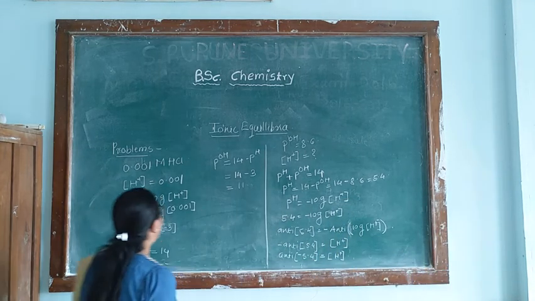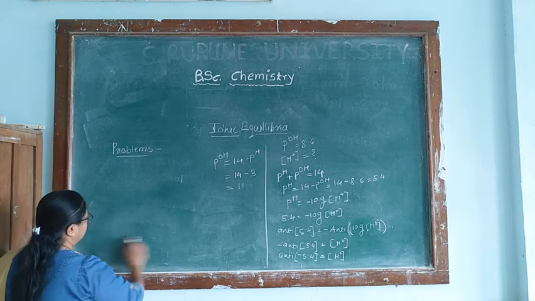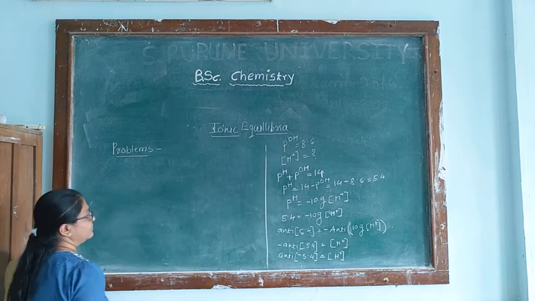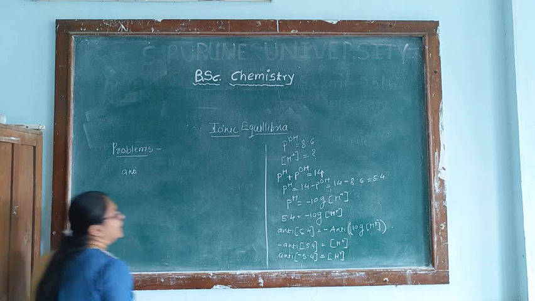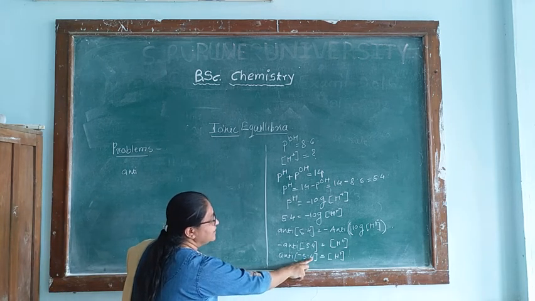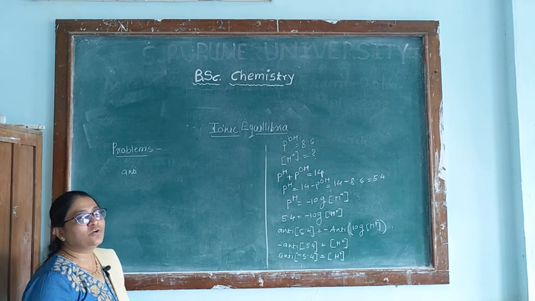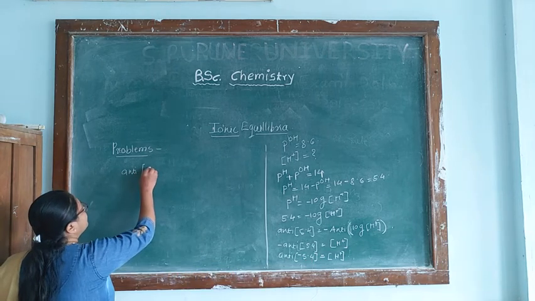Now to find out the anti-log, this negative sign is there and the term after decimal is also negative, but we cannot find the anti-log of negative terms, so we want this term positive. So how is it done?